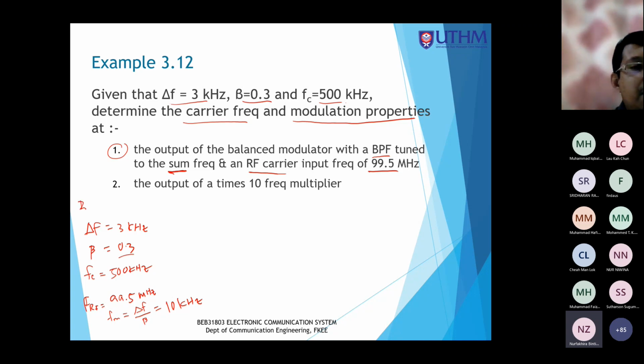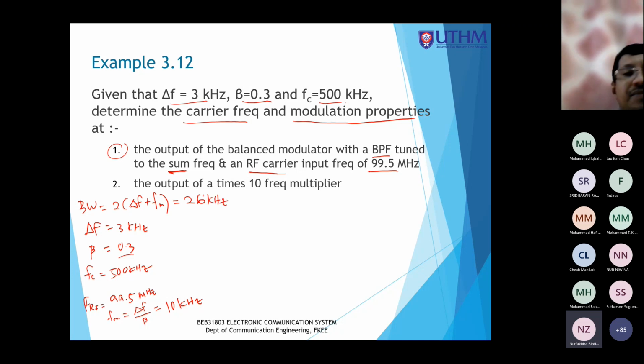For example, bandwidth is equal to 2 times delta F plus Fm. So this is 10 plus 3, 13, times 2, 26 kilohertz.